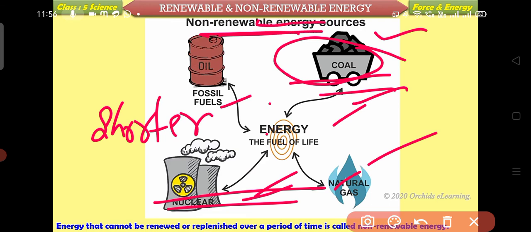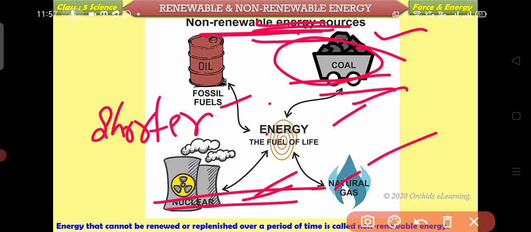If they completely disappear from the earth, we cannot add them back, and they will become extinct soon. To avoid that, we have to use them in a limited way.